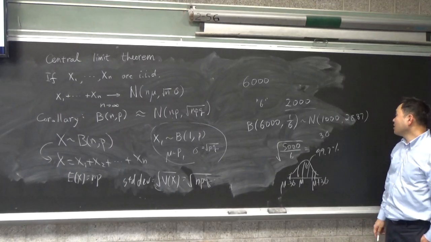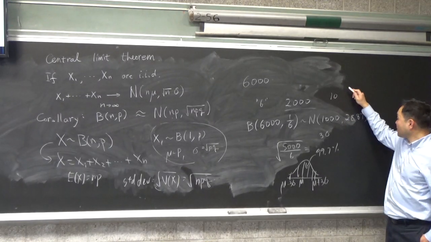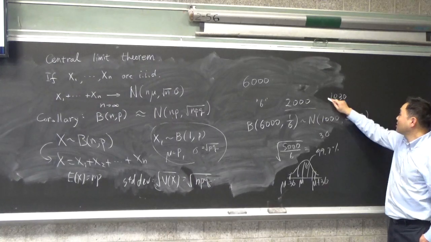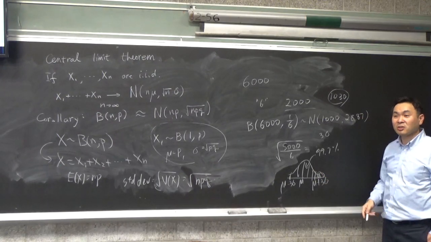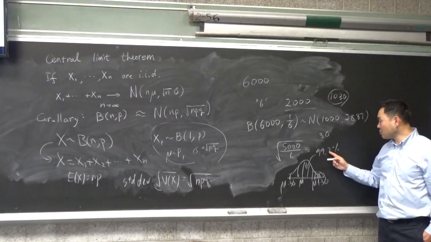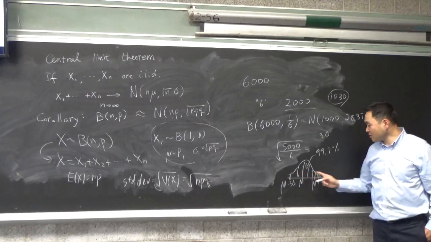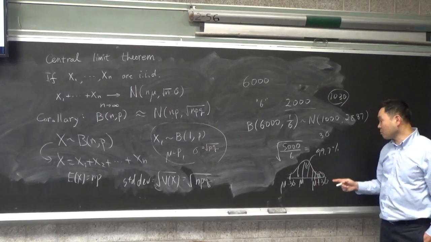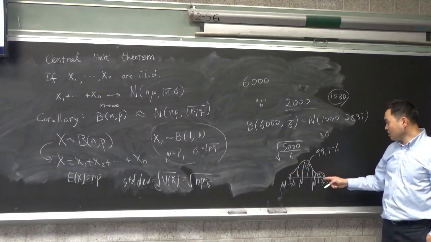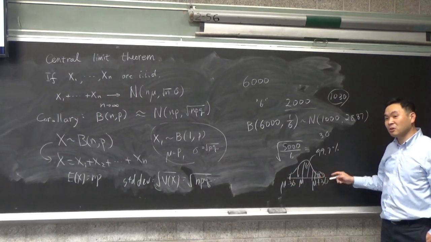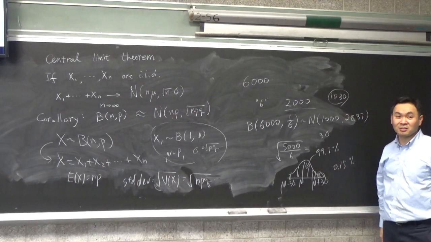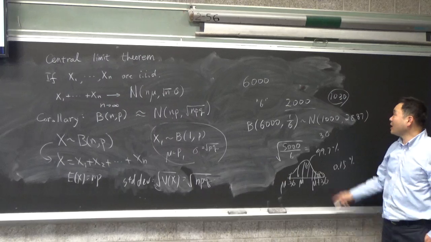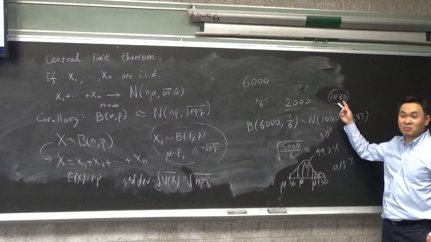So just getting 1,030 would be somewhere here. This is 99.7%, which means these two areas add up to 0.3%. So getting over here would be 0.15%, just to get something like 1,030. Anything above this would be pretty outrageous.